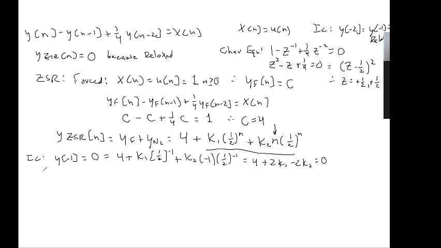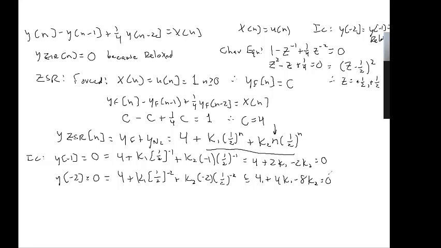That equals 0. The second initial condition, y of minus 2, has to be equal to 0. So that's 4 plus k1 times 1/2 to the minus 2 plus k2 times minus 2 times 1/2 to the minus 2, which simplifies to 4 plus 4k1 minus 8k2 equals 0.